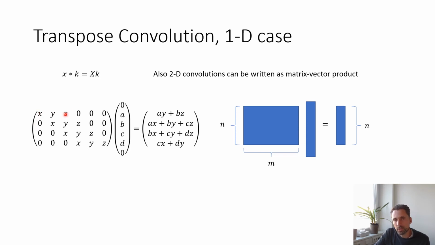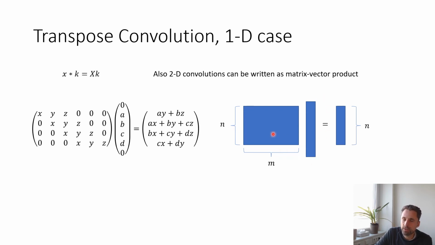And the positions of these parameters here are determined by your configuration of your conv kernel, of the stride, of the padding, and all these things, right? And so if this, for example, is your input, multiplying this matrix to that input actually performs a convolution, because remember, convolutions are basically dot products.